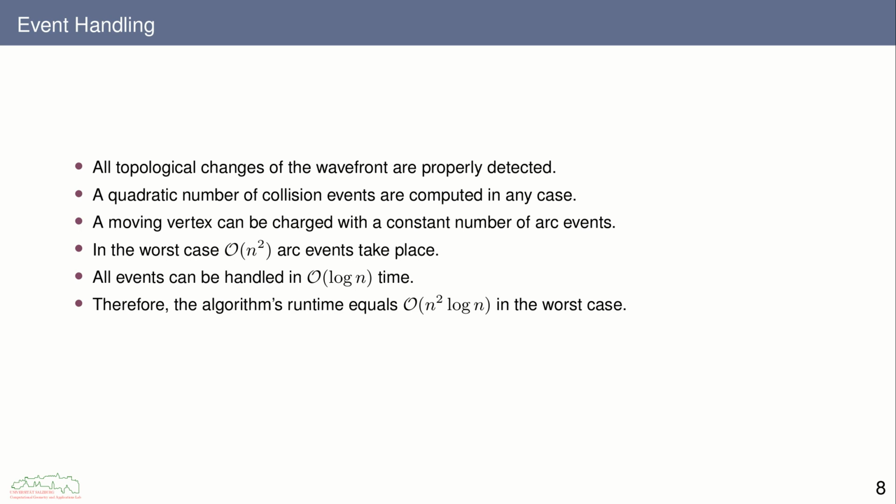All of these events can be handled in log n time, as they result in constantly many lookup, insert, or delete operations in a self-balancing binary search tree, or push or pop operations in a priority queue. Thus, we get an overall runtime of n squared log n in the worst case for our naive approach.